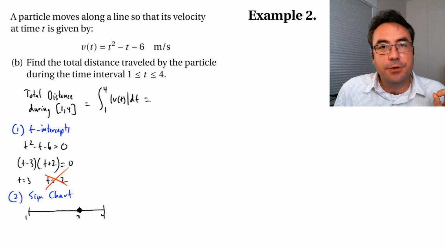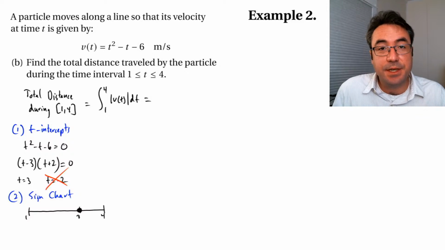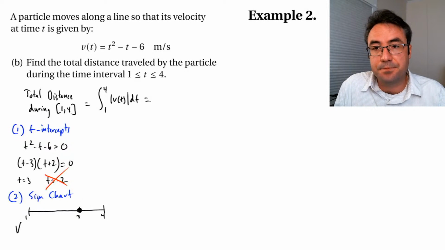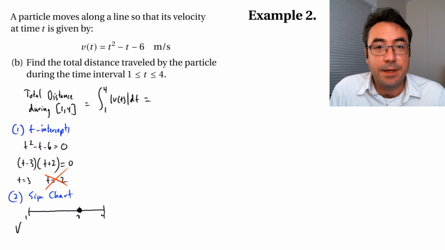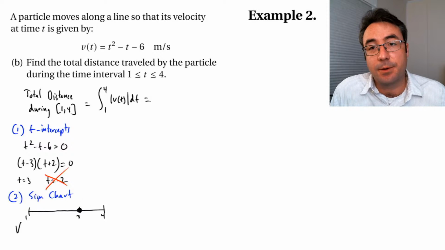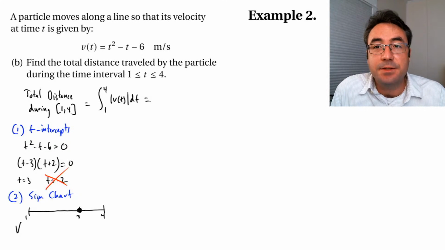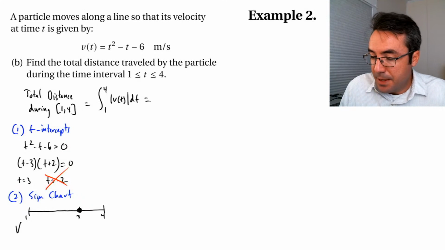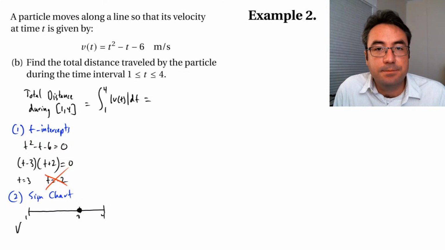And so what we want to do now is figure out the sign of v on each of these intervals. So in between 1 and 3, what is the sign of our velocity? Are we traveling in the positive direction or the negative direction? Do the usual sign chart calculation, and maybe it helps to use a test number.